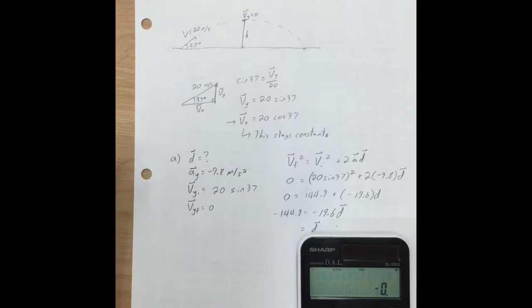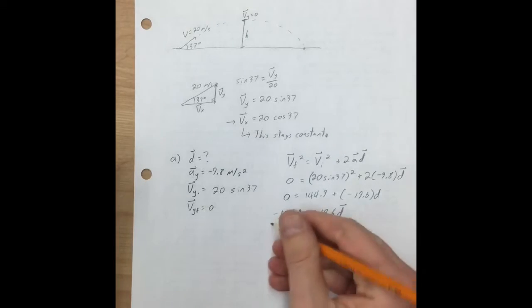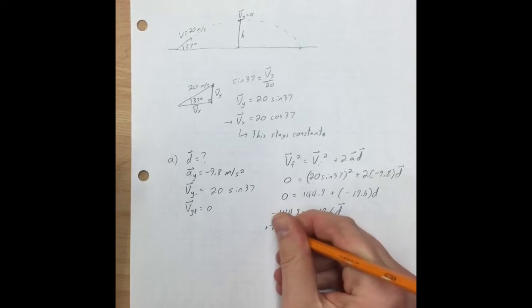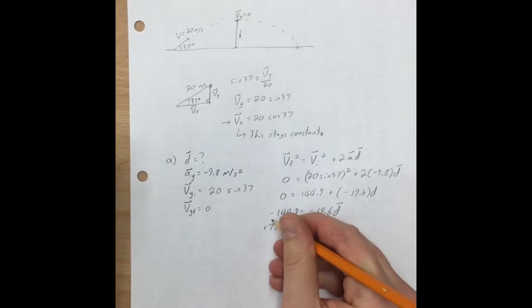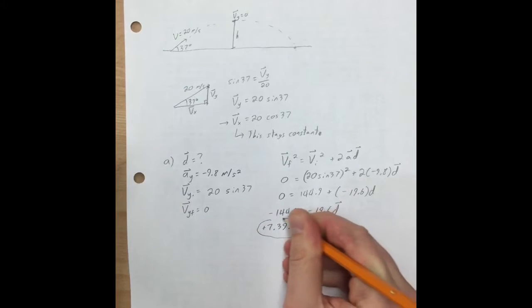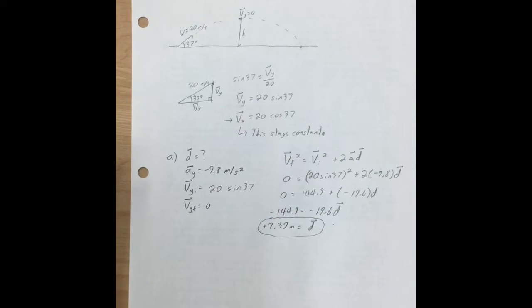So I'm going to take the negative version of my answer, just doing that to get my negative sign, and I'm going to divide it by negative 19.6. Maximum height of the ball is 7.39 meters in the positive direction. So there we go.